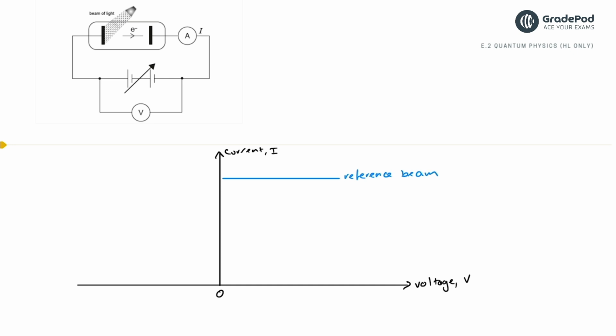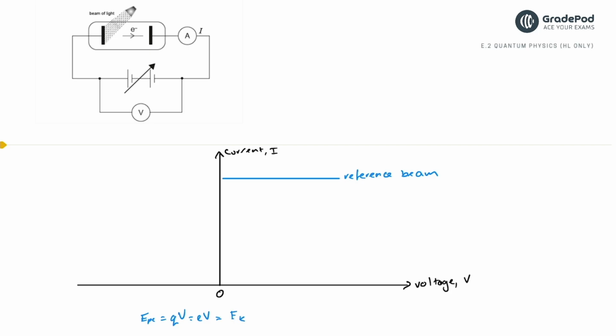However, as you increase the voltage across this photoelectric plate, eventually the electric potential energy, EPE, which is of course QV, equals eV, is going to equal the kinetic energy of the electrons.